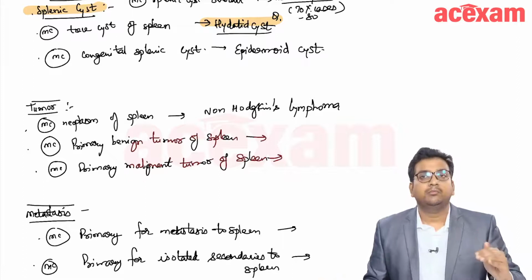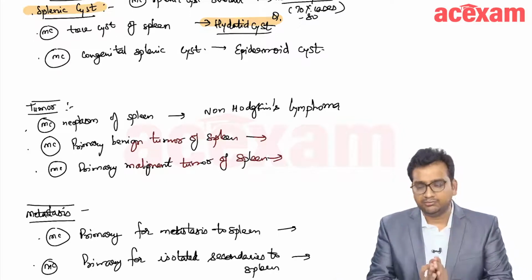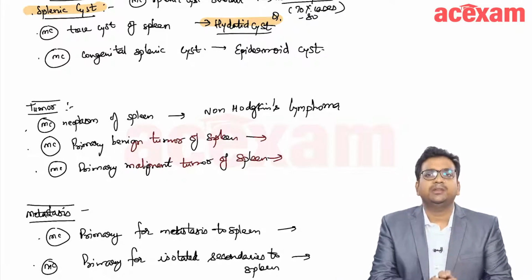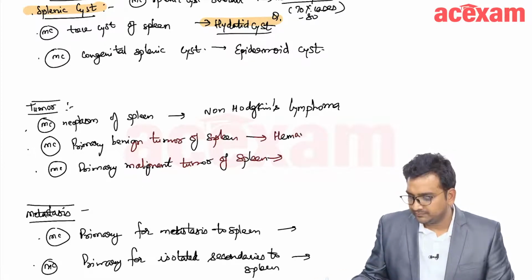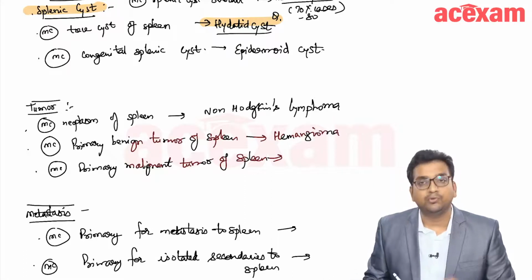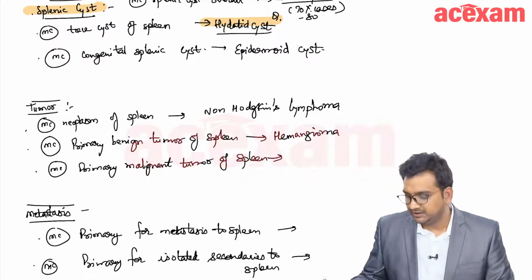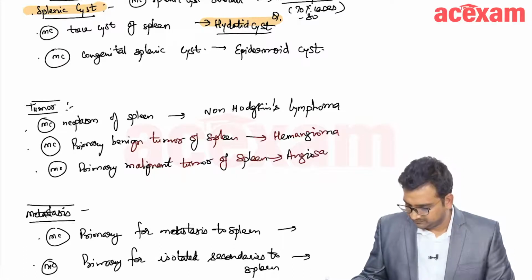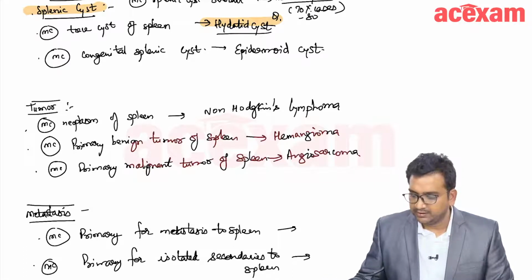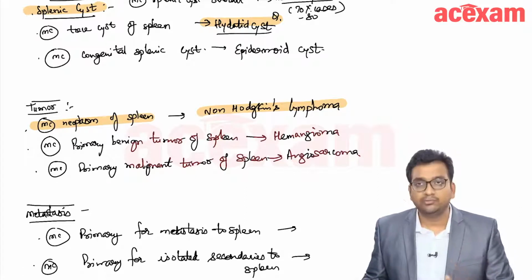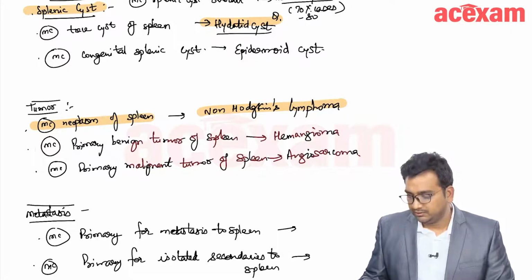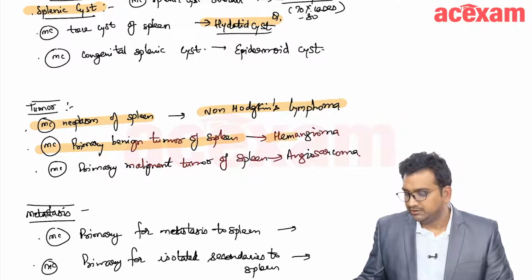But if we talk only about the spleen, then the most common primary benign tumor of the spleen is hemangioma, and the most common primary malignant tumor of the spleen is angiosarcoma. These are previous year questions only. Most common neoplasm of spleen overall is non-Hodgkin's lymphoma, but what they are more interested in asking is most common primary benign tumor. Primary benign tumor is hemangioma, primary malignant tumor is angiosarcoma.